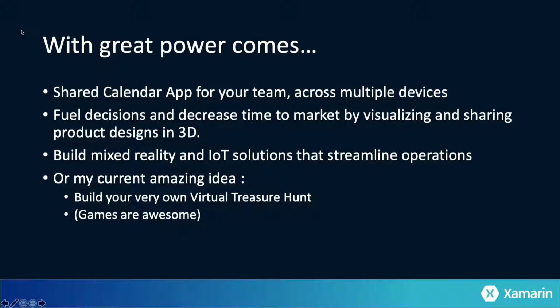Some ideas. I will be honest, the first two points are not me. They're from the Spatial Anchors website itself, but I found it really interesting. A shared calendar app. If it was me, I'd make it a shared DevOps task board, but let's do shared calendar apps. It's super cool. I love this concept.